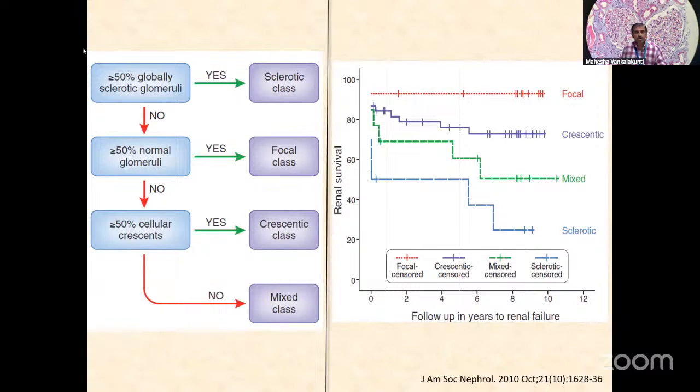That is based on how many of the glomeruli in the given core are normal.